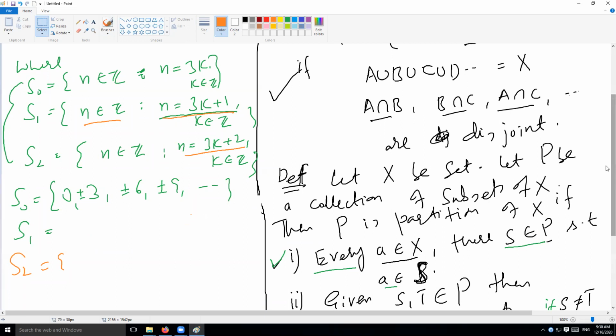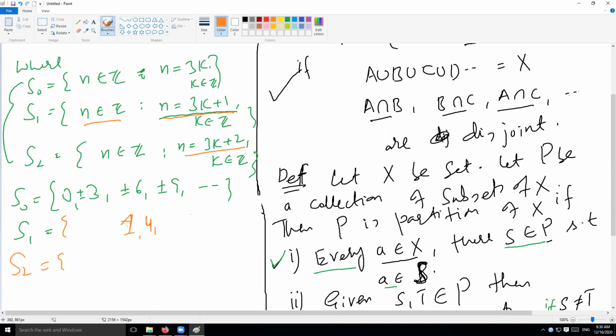Let me rewrite this S1 again. Let's just start with, no, not -1, but +1, and 4.